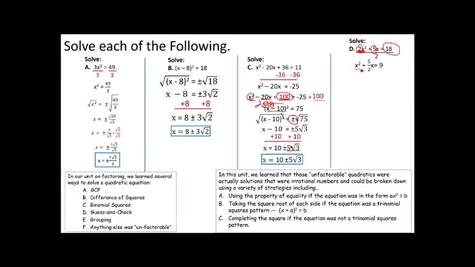Now, I do have my quadratic term, my linear term over on the left, and my constant over here on the right. I want to complete the square by asking myself, what would I need to put here in order for this to be a trinomial squares pattern? Well, I'm going to cut the middle in half. That's 5/4.